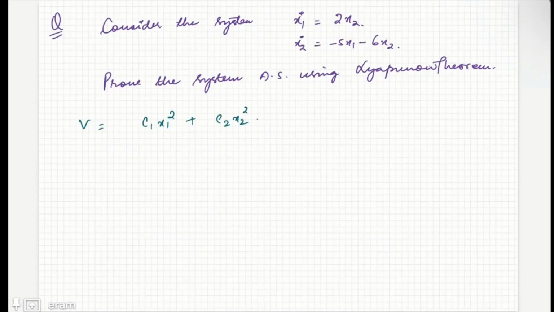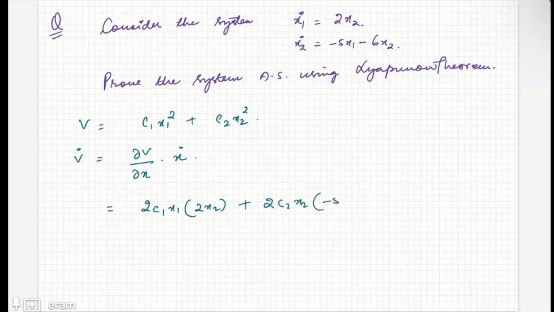And this c1, c2 we can determine by deriving the expression for the derivative of V. Now in order to find the derivative of V, we can calculate it using the gradient and then x dot. So it is nothing but 2c1 x1, 2x2 and then 2c2 x2, minus 5x1 minus 6x2.